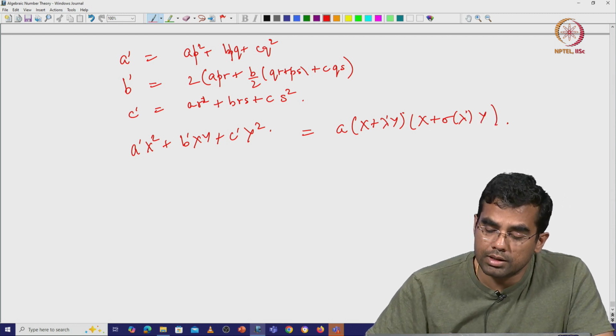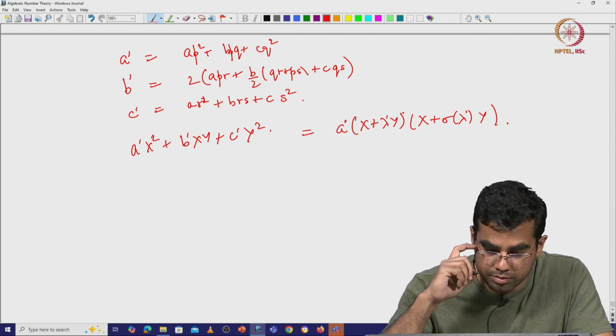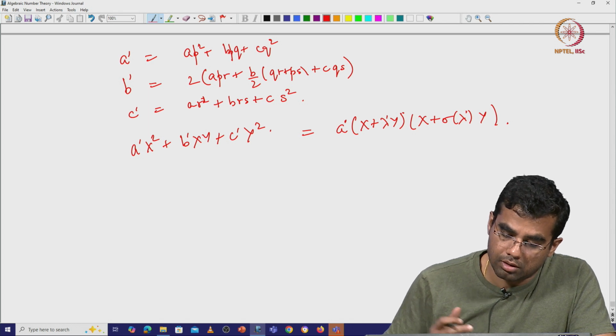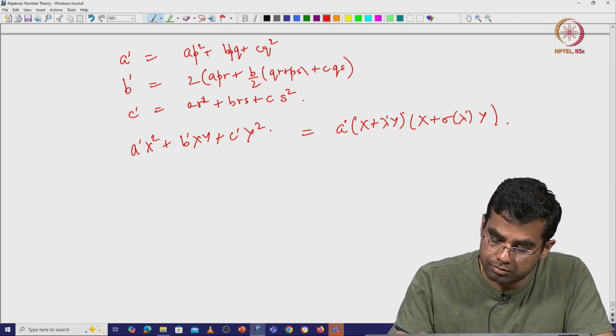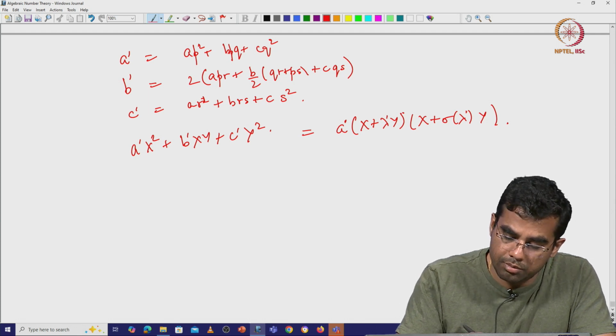And so all these things are then written in terms of A prime, right. So what is lambda prime then?